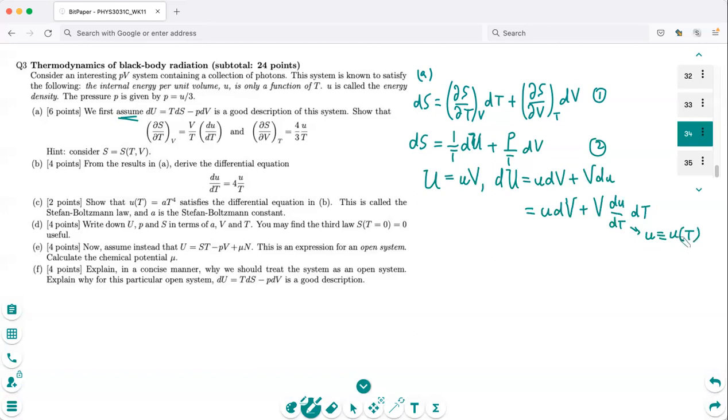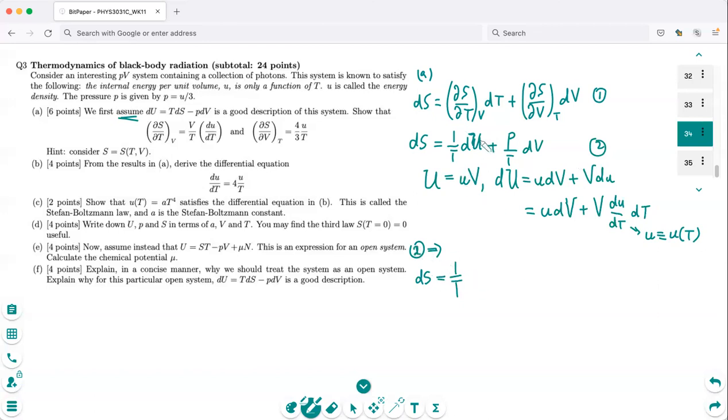Okay. And now from 1, I can rewrite... sorry, I mean expression 2, the first law.